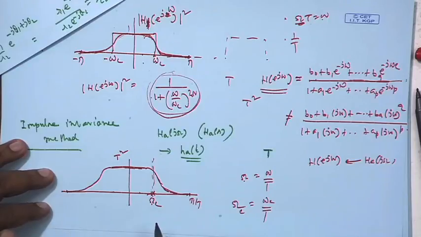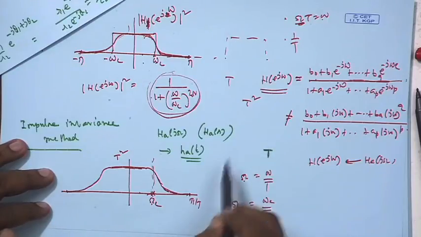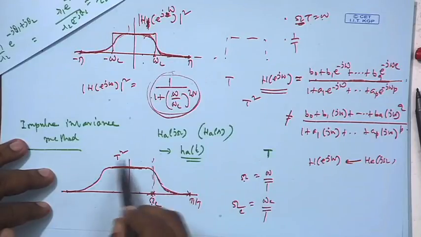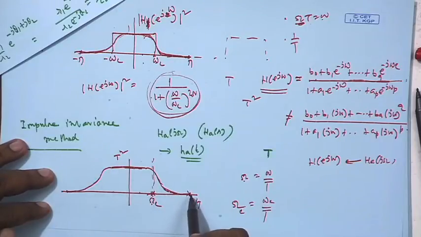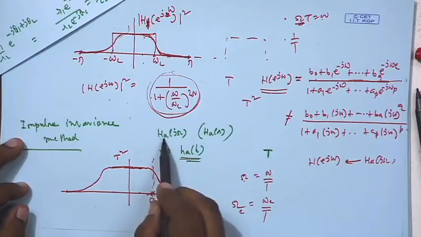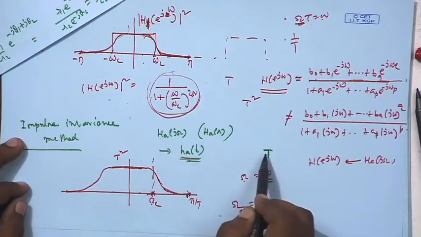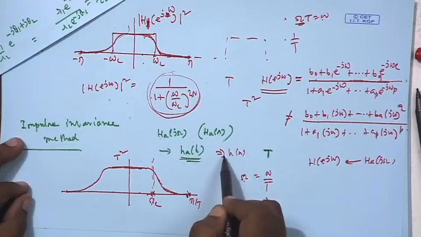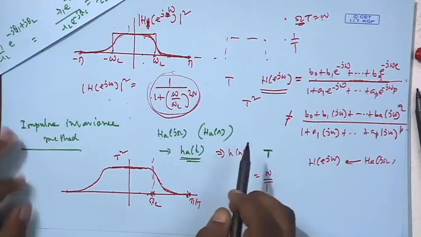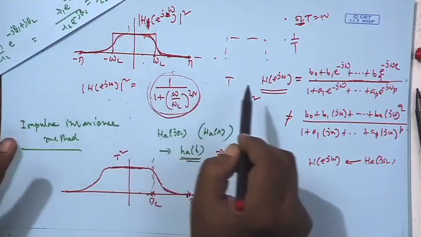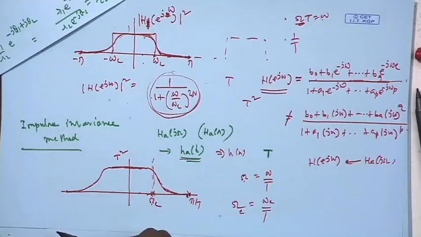This means that if I use this T to sample, since the analog function is now band limited and almost 0 at half sampling frequency, there will be no aliasing. So if H_A is sampled with sampling period T to generate h[n], that h[n] will have a DTFT which looks like the original analog Fourier transform. There will be no aliasing component.